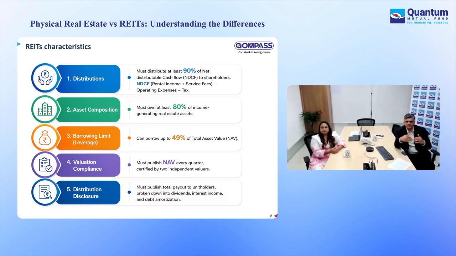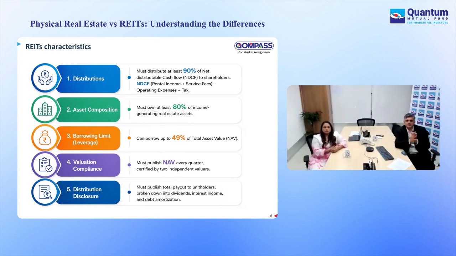But there are some operating expenses also to facilitate giving out the property or servicing these clients. You subtract that, and then you also pay the tax on whatever rental income the properties have generated. And whatever is left, 90% of that is distributed amongst the unit holders of the REIT. That is the criterion: as per SEBI, you have to distribute 90% of it.